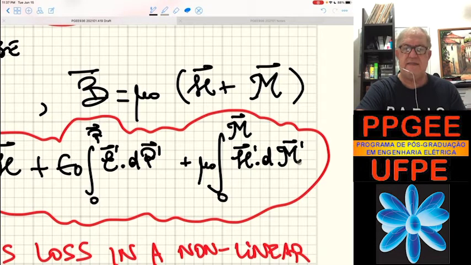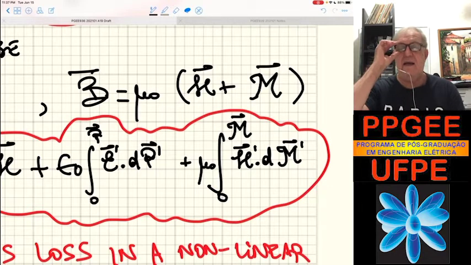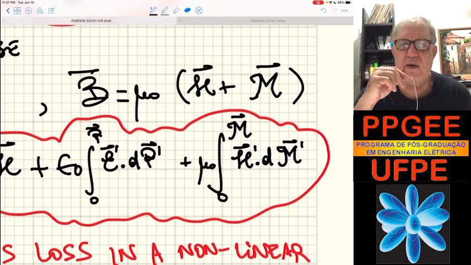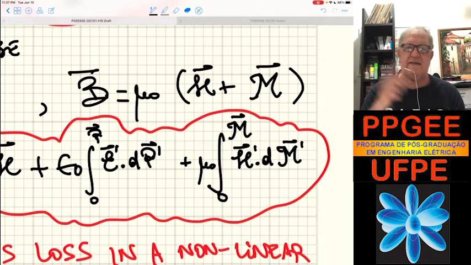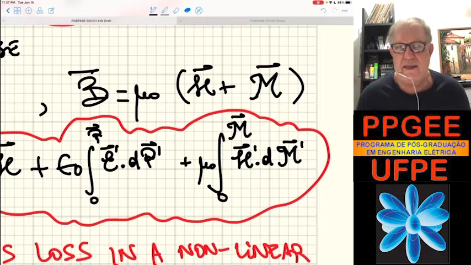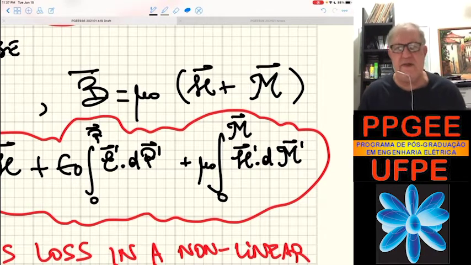Well, let's make an example. Let's try to calculate what would be, for a nonlinear medium that has a hysteresis loop, the typical energy loss in a cycle. You know, you can cycle. You can apply a voltage in a system that has a magnetic core made of a ferromagnetic material.